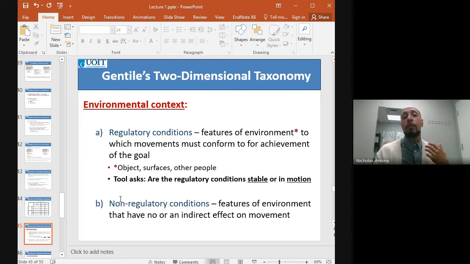So if I'm performing a motor skill in a really bright room versus a room that's dim, that doesn't mean things are moving or not moving. It may make it harder to do things when it's darker, but that has no real impact on the movements that I would use. Whereas if I'm trying to shoot a basketball into a hoop, someone being there is going to affect how I got to arc my shot. So when we're talking about the environment for the taxonomy, we're looking at the regulatory conditions, the supporting surface, objects, and people.